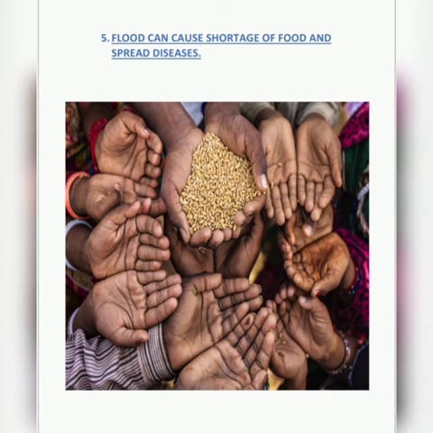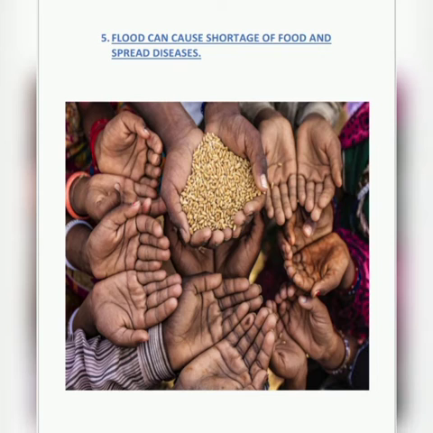Now the fifth point is here on your screen, and to understand this topic you need to link it with the topic we just understood earlier, warming of ocean water. It means when there is a rise in temperature, the water in the ocean will also warm up, and when it warms up there will be high evaporation, and because of that heavy rainfall will occur, and heavy rainfall will bring floods.